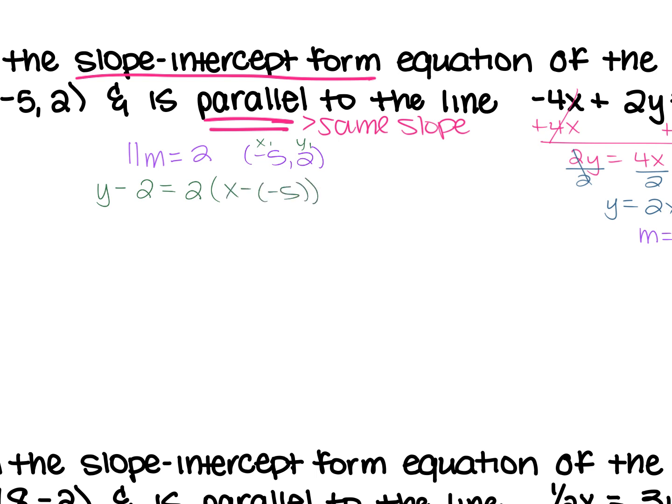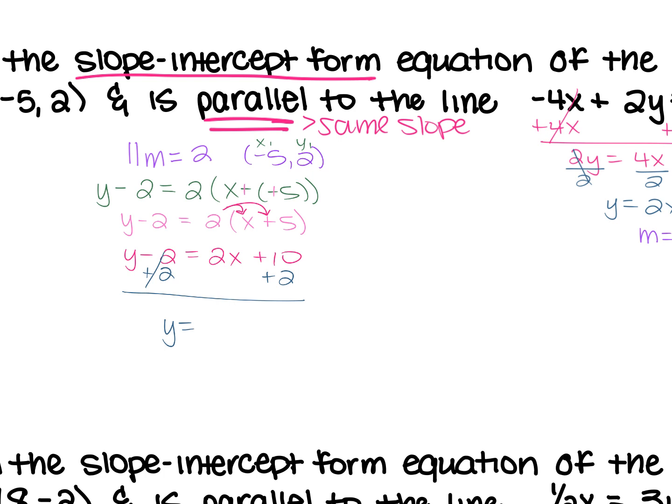Double negatives turn into positives, so that's y minus 2 is equal to 2 times x plus 5. We're going to distribute that 2 into the x plus 5 to give us y minus 2 is equal to 2x plus 10. From here, we're adding the 2 to both sides to give us y is equal to 2x plus 12.